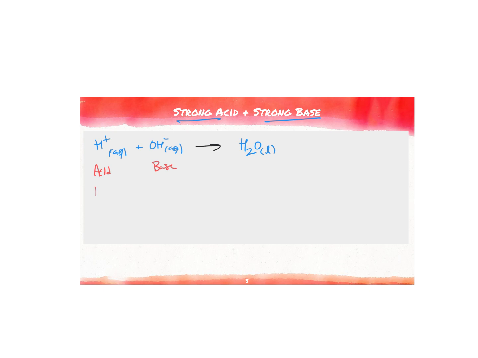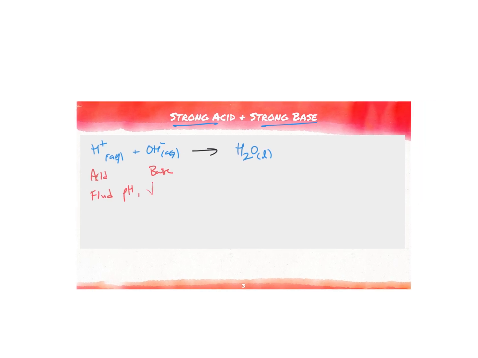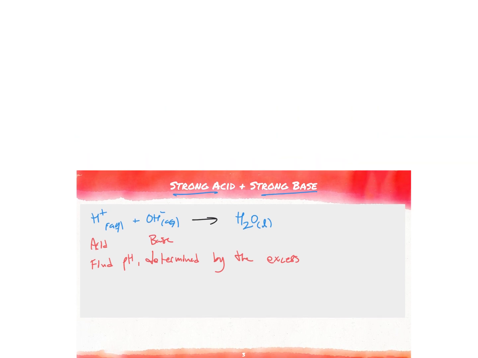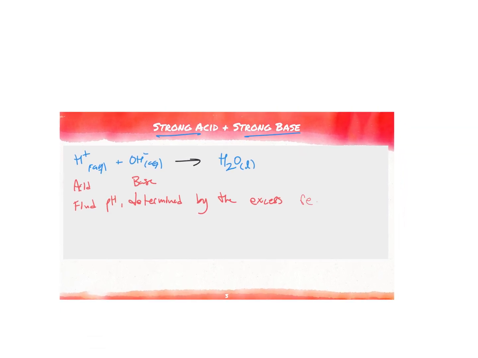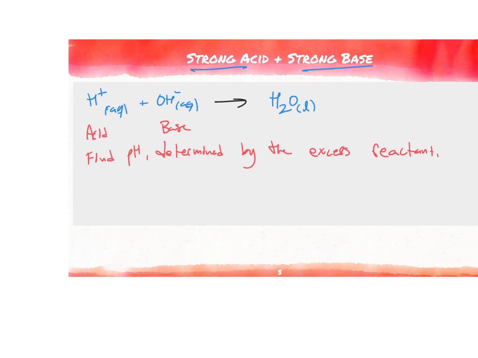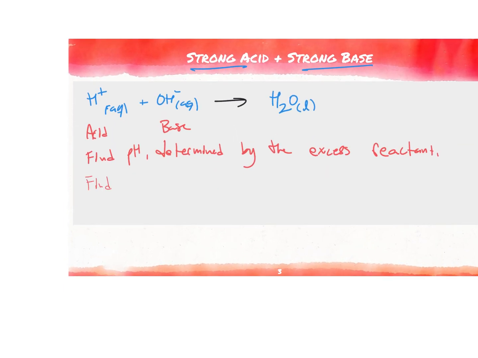And so if you want to find pH, it's just determined by the excess reagent or reactant. And so first, what we're going to do is just find the limiting reactant, and that, of course, will be completely used up.